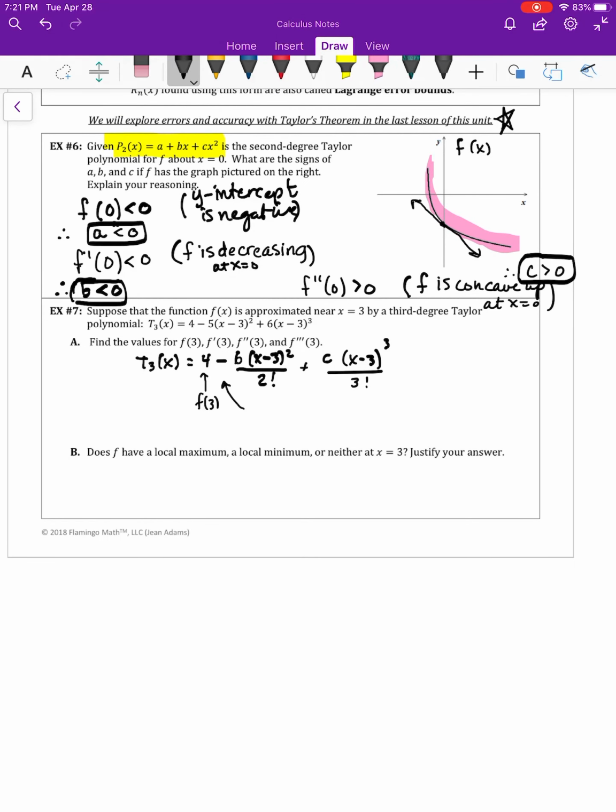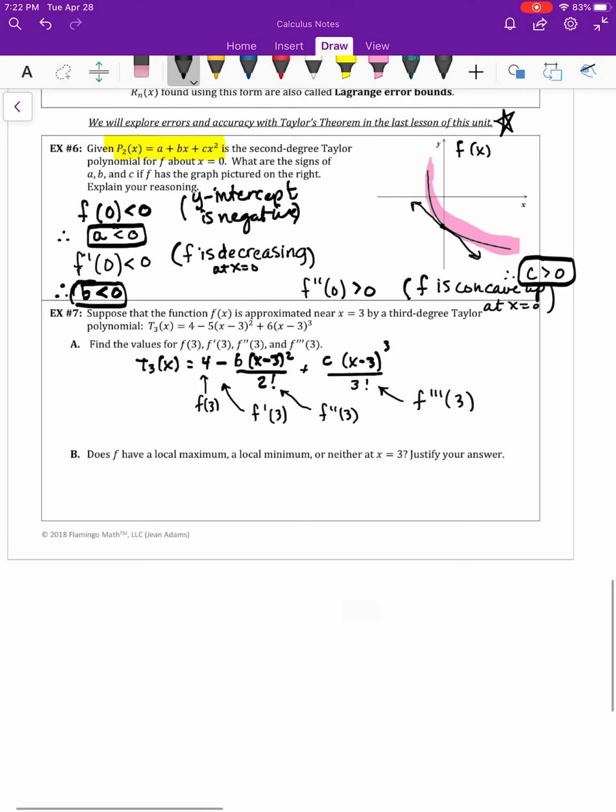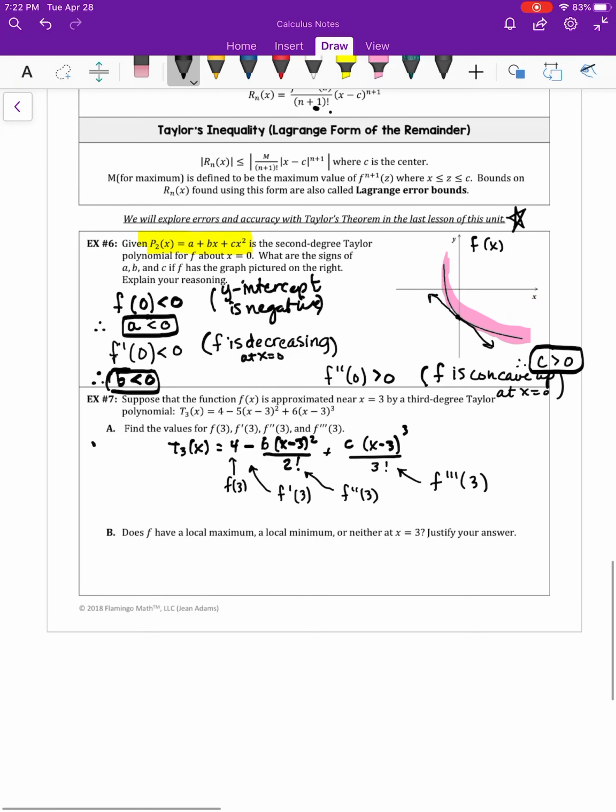And what's missing? Your f prime of 3 is missing, because we don't have anything times (x minus 3) to the first power, and that's your first derivative. This is all about your second derivative at 3. This one is all about your third derivative at 3.